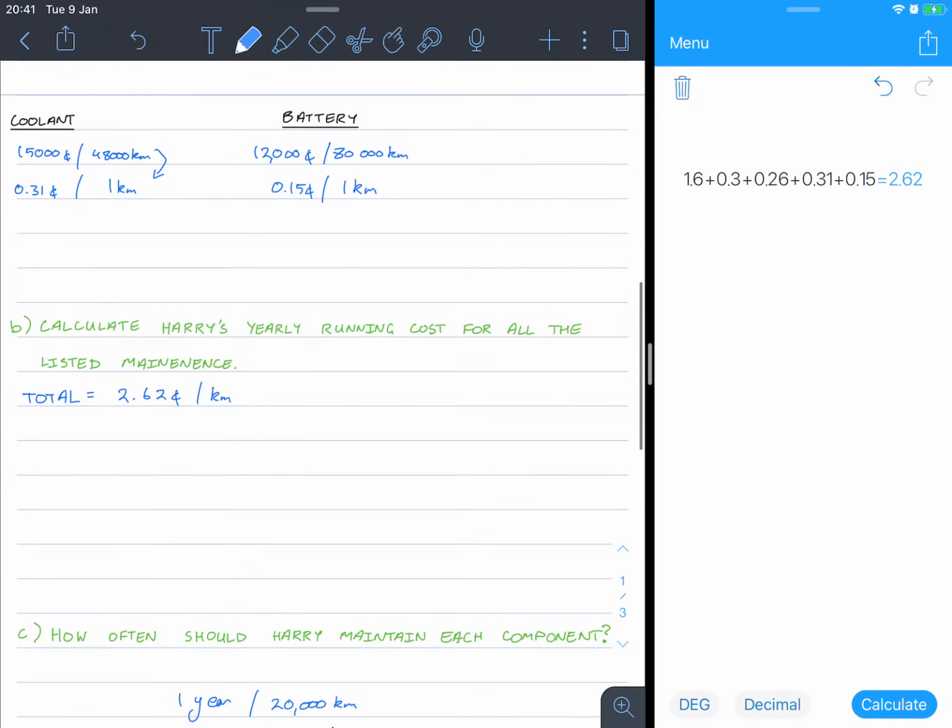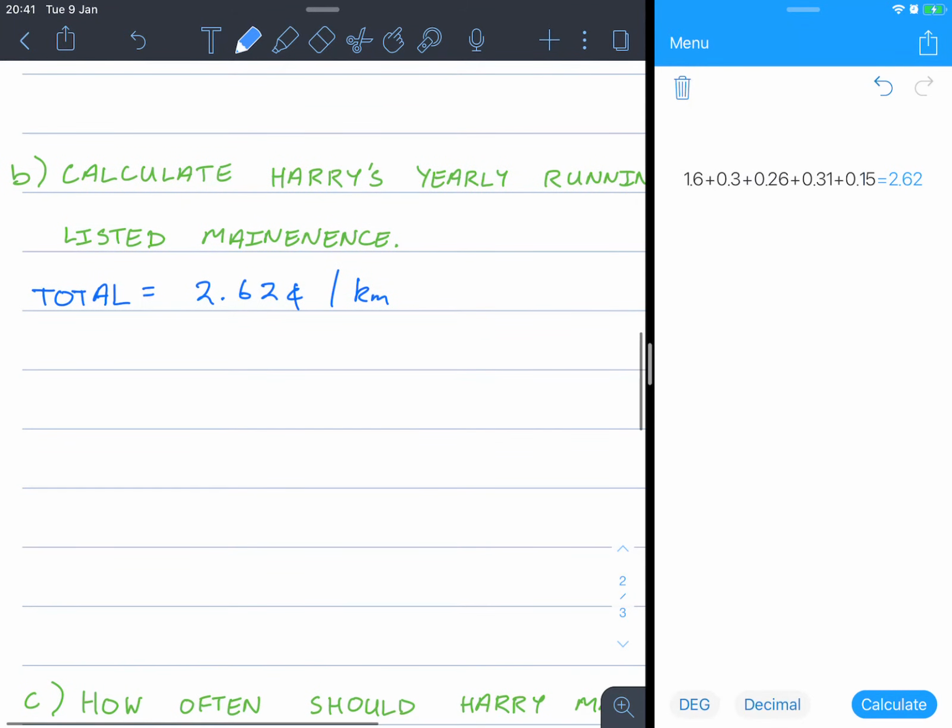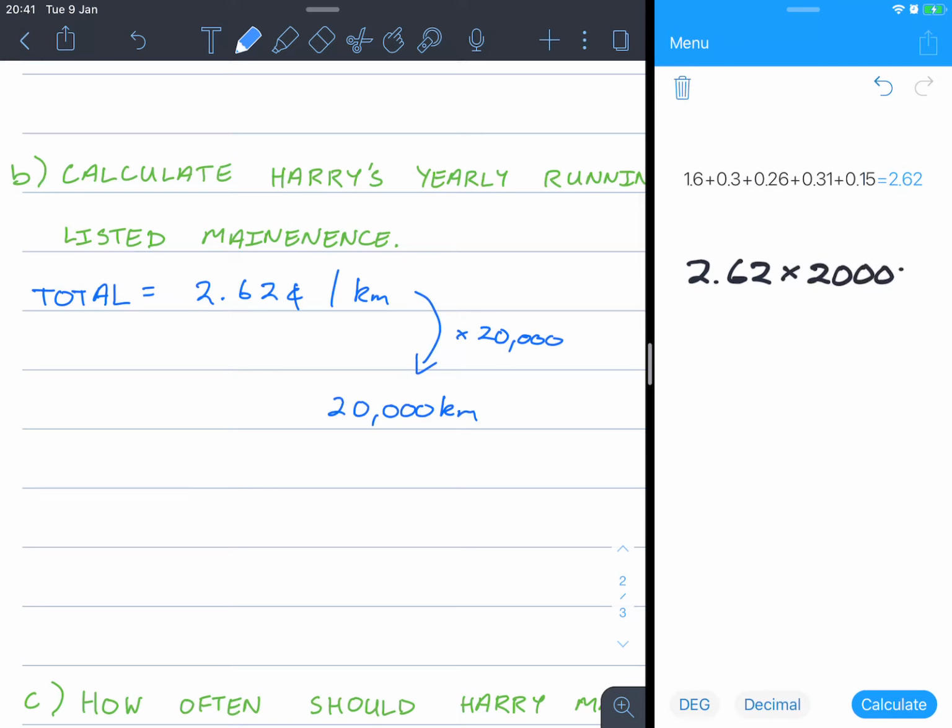So because of this, remember, this is per 1 kilometer. What we want is 20,000 kilometers. We can get that by multiplying by 20,000. So 2.62 times 20,000, which is 52,400.